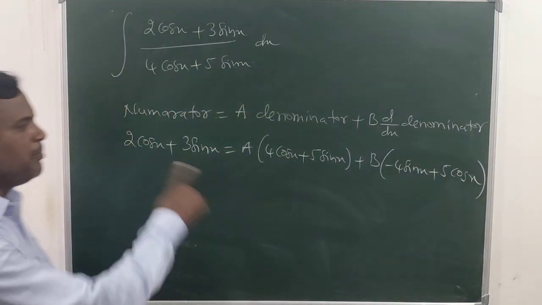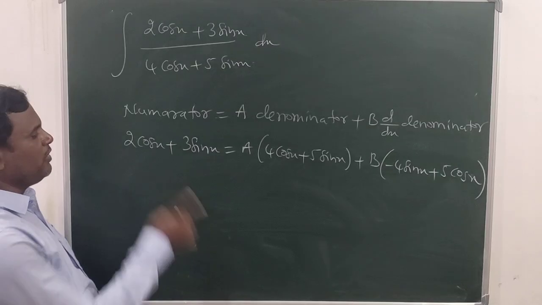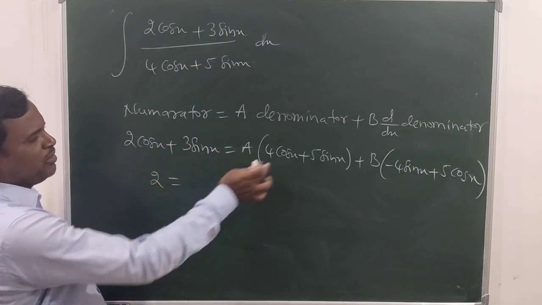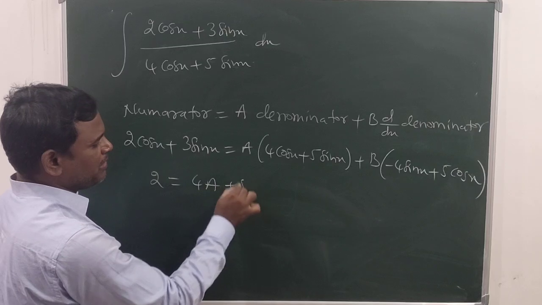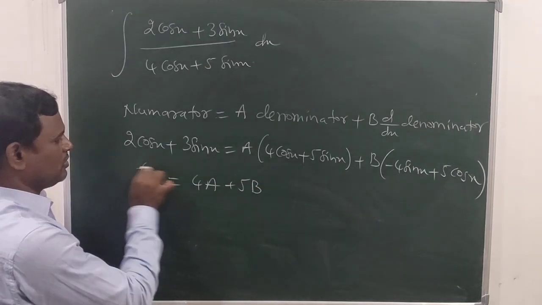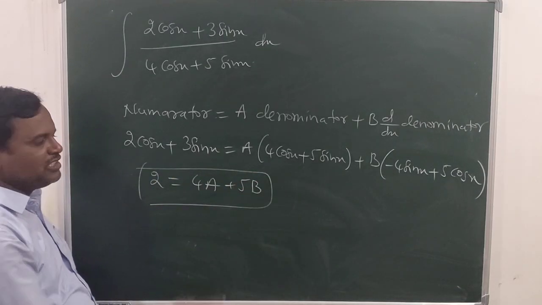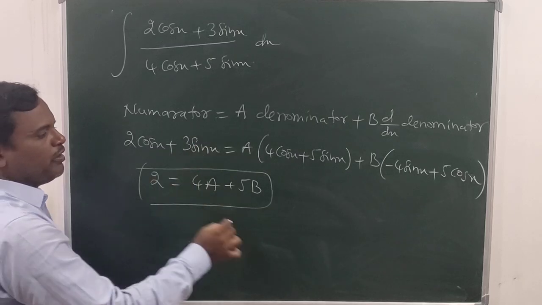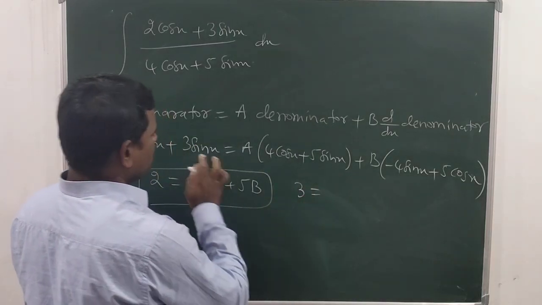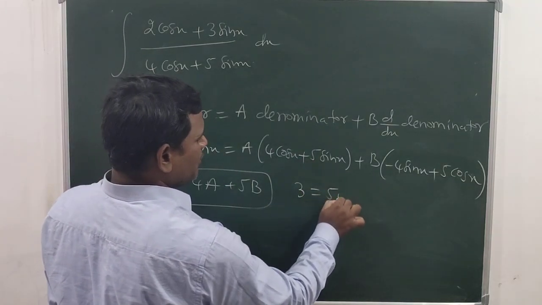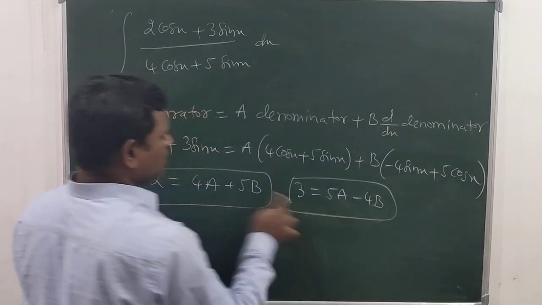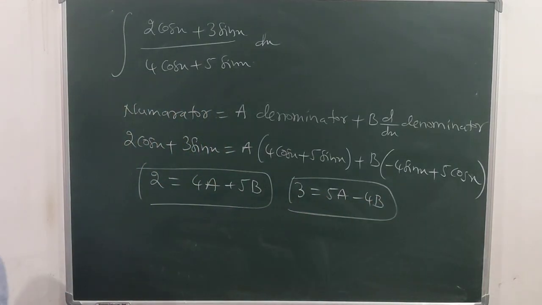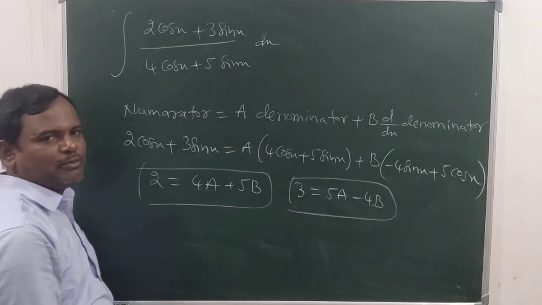Now compare cos coefficients on both sides. Here it is 2, here it is 4a plus 5b. You got one equation in terms of a and b. Compare sin coefficients on both sides. 3 is equal to 5a minus 4b. Now solve both of them. On solving these two, you get a and b.